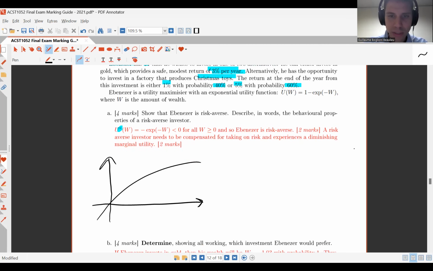They ask you to explain in words what it means to be risk averse. Well, a risk averse investor needs to be compensated for taking on risk, and he experiences diminishing marginal utility. That's true.